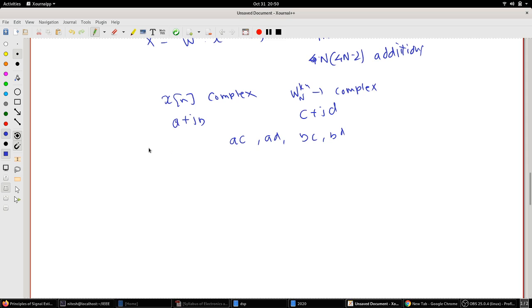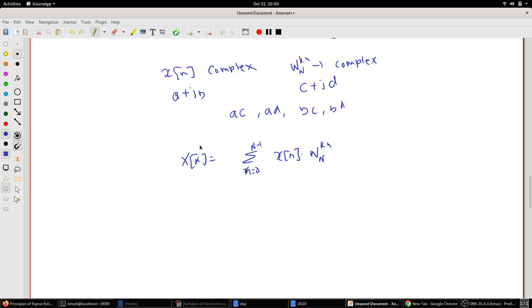So on the whole, given the formula of X of k equal to summation n equal to 0 to n minus 1 x of n into W_N^kn, if both the numbers are complex, then we saw that you need 4n square real multiplications, or you need n complex multiplications for one value of k, right?